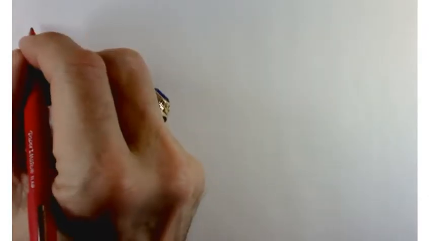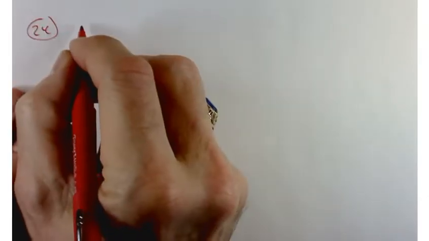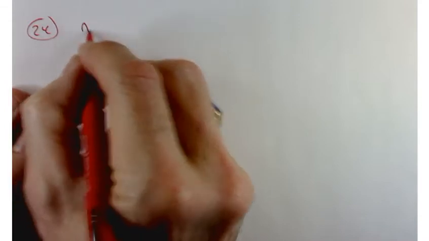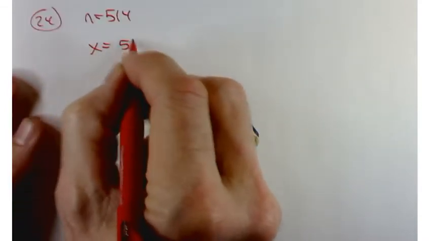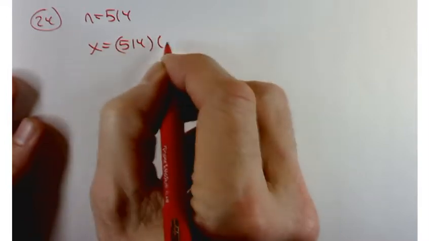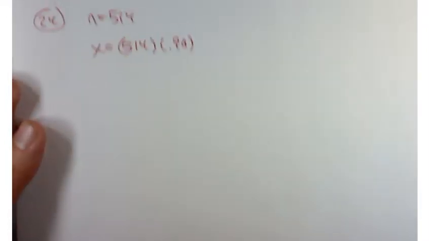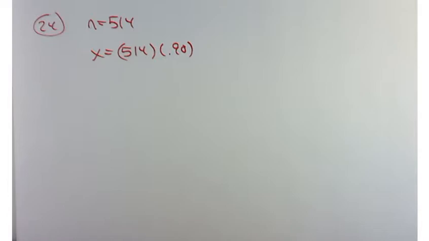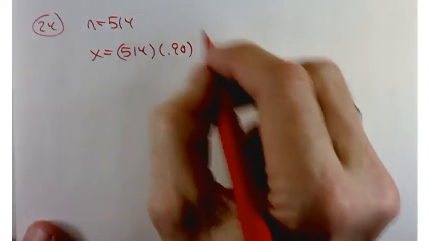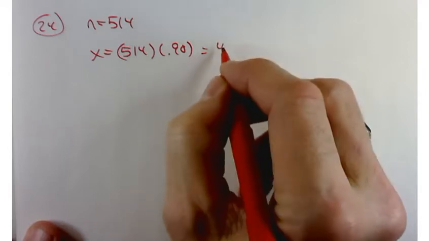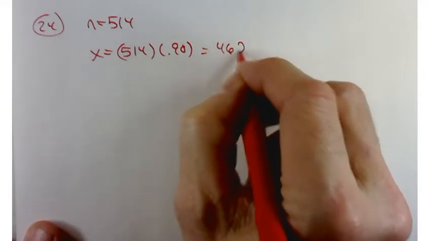So problem 24, n equals 514. x is going to be 514 times 90%. 462.6.